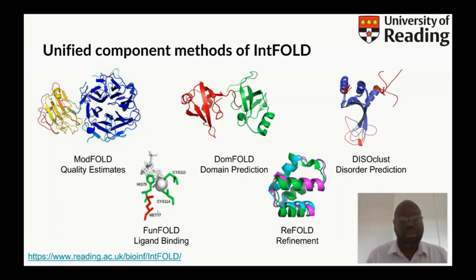FunFOLD is another method integrated in IntFOLD, which is used to predict the ligand binding site of the protein target. Finally, users also have the option of resubmitting any of the models for further refinement using the ReFOLD method.